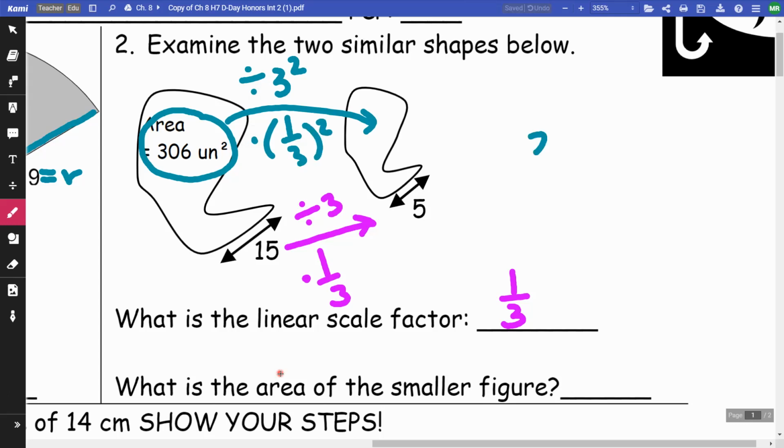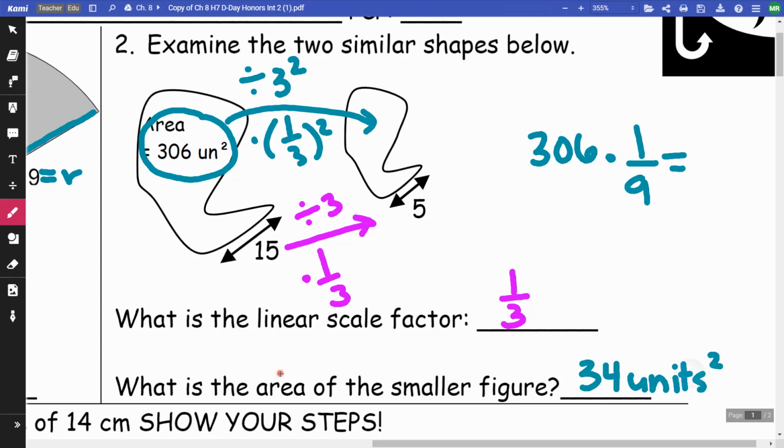So I'm going to take 306, which is the area, and multiply it by 1/9 or divide it by 9, because whatever my scale factor is for the sides, my area is that scale factor squared. So it is going to be 34 units squared.